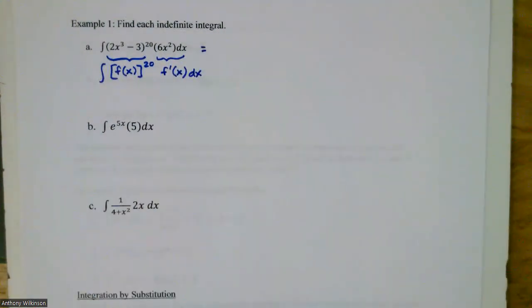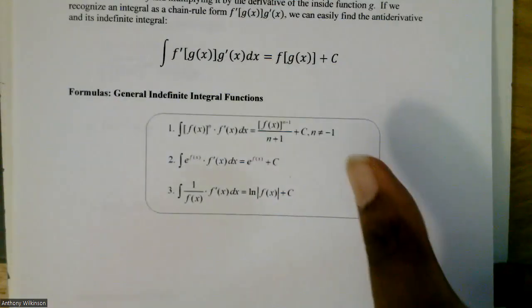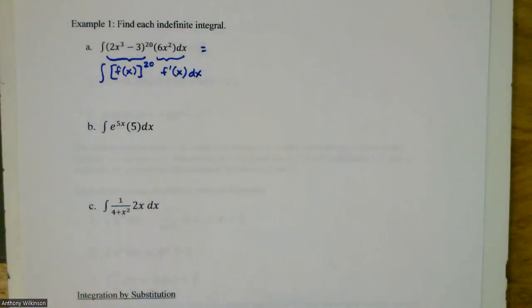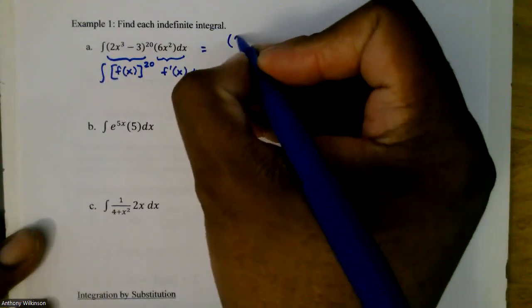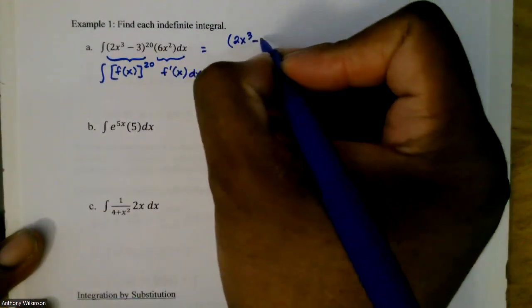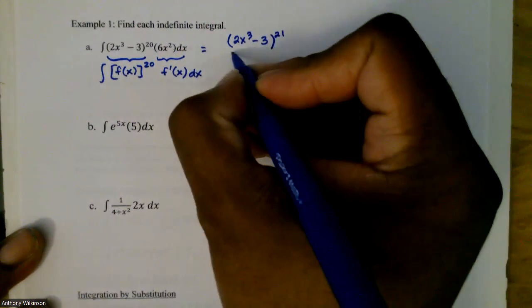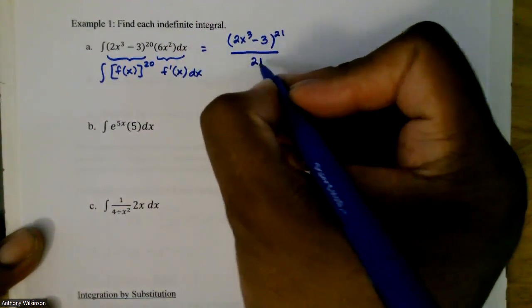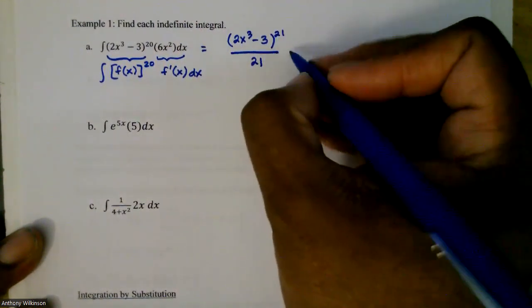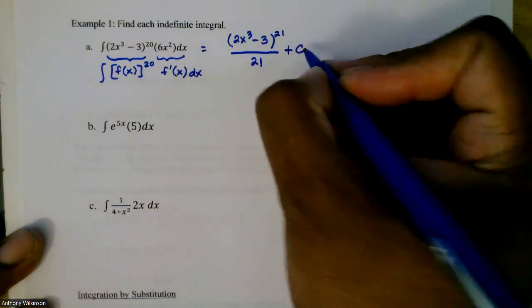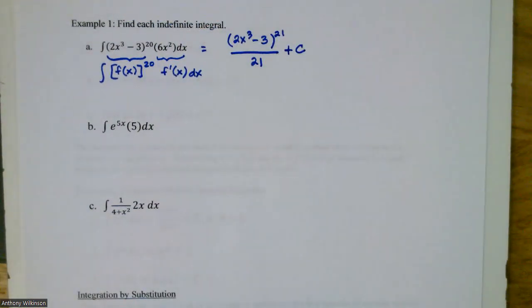All right, so to find this integral using rule number 1, what I'm going to do here is take that 2x cubed minus 3, increase the power by 1, so we add 1 to the 20, you'll get 21. Now it'll be divided by 21, and then plus c.